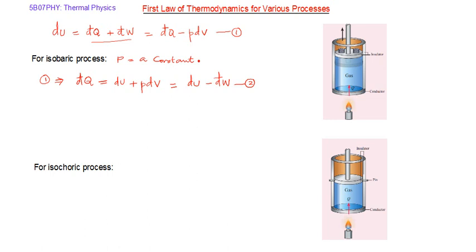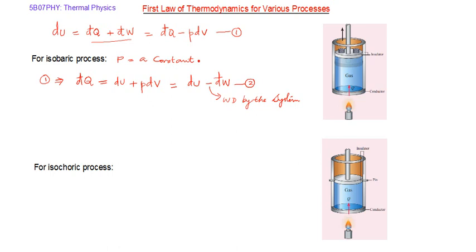And that is why in equation number 2 you can see a negative sign here. This negative sign implies that the work is done by the system. So we are trying to interpret the signs in the equations. Work is done by the system here.